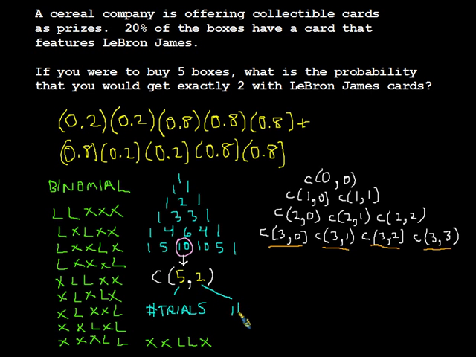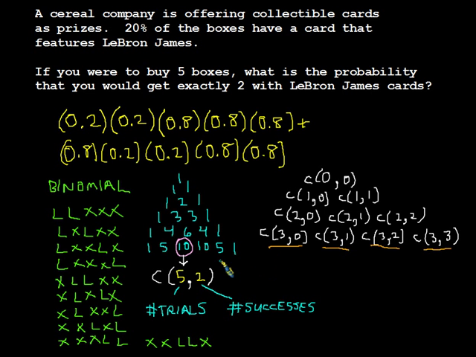The 2 represents the number of successes. And when we're talking about binomial settings, there's either successes or failures. So that's how this is related to binomial probability. So this is number of trials, this is number of successes.